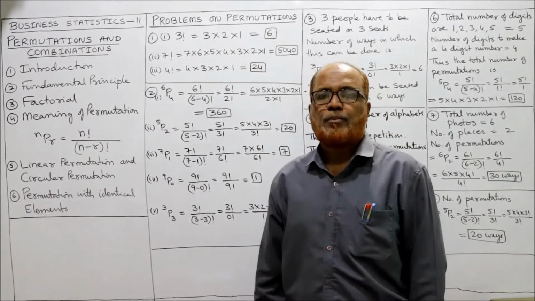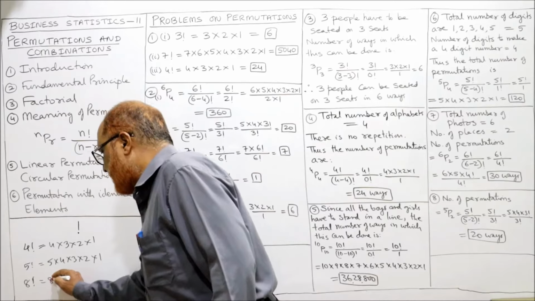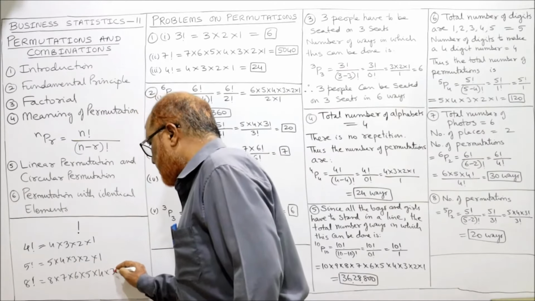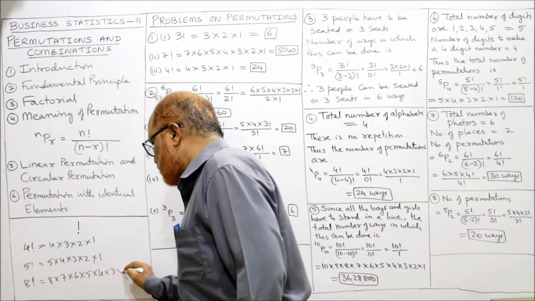Suppose we want 4 factorial, it means the product of all the values from 4 to 1, so it will be written as 4 into 3 into 2 into 1. Similarly, 5 factorial means 5 into 4 into 3 into 2 into 1. 8 factorial means 8 into 7 into 6 into 5 into 4 into 3 into 2 into 1. This is called factorial, which will be frequently used in permutation and combination.